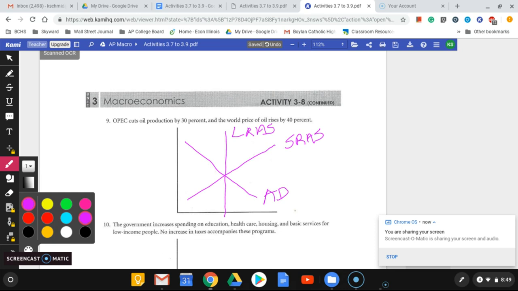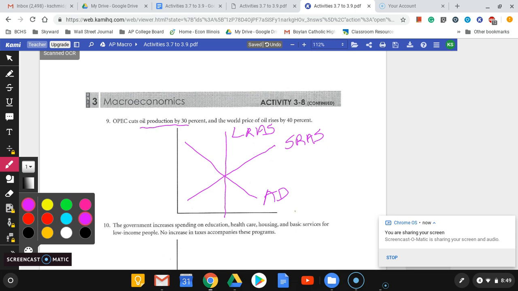So OPEC is going to cut oil production by 30% and the world price of oil rises. So when that happens, input costs are more expensive. So SRAS is going to shift to the left. So we started here. Okay, we've moved over here.